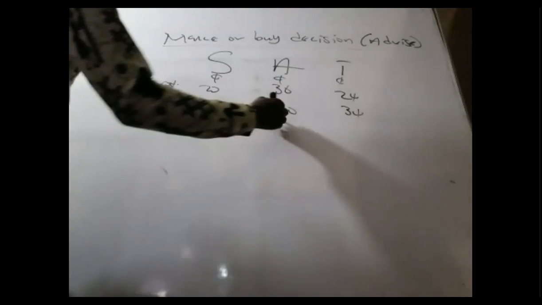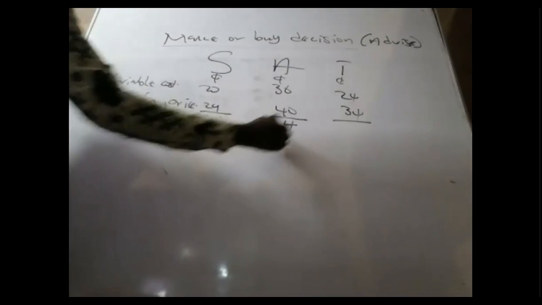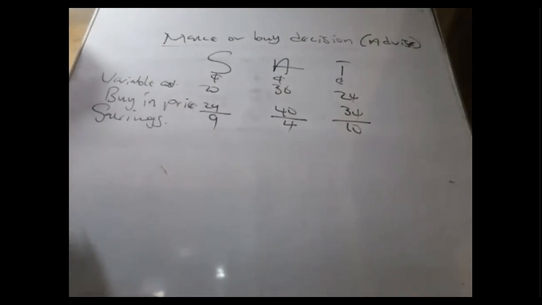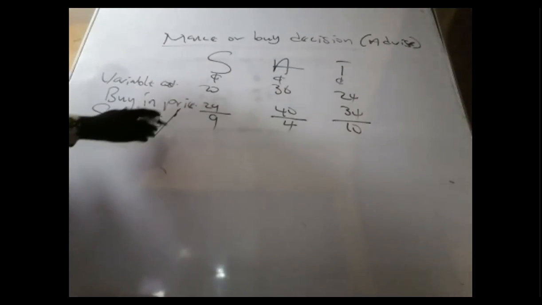So when we produce the goods, what are the savings? We are saving 9, 10, and so on. So those are the savings when we produce the product by ourselves.